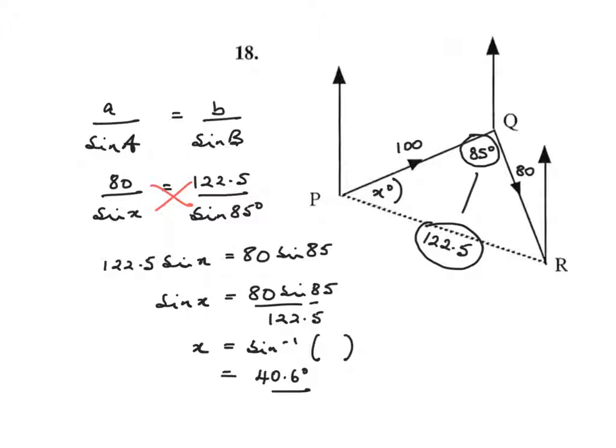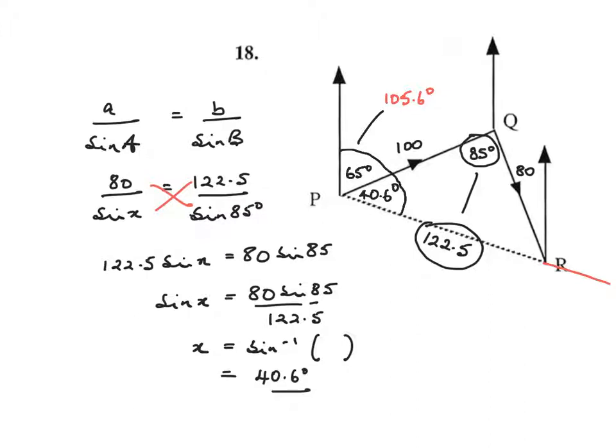So this is 65 degrees. It's 40.6 degrees. This whole angle then is 105.6 degrees. Now, just add something onto the diagram, a line like so, continuing the dotted line.